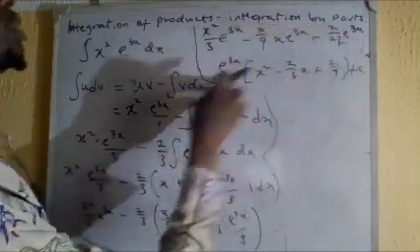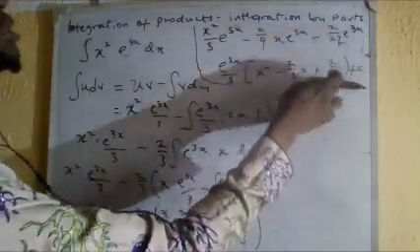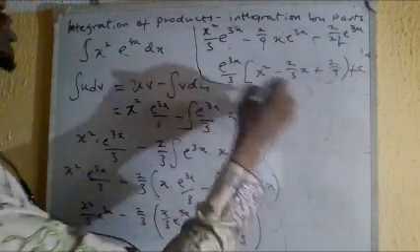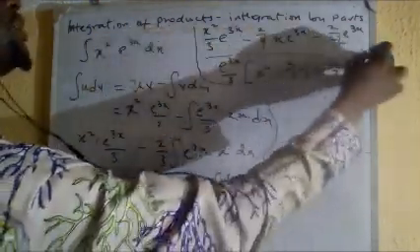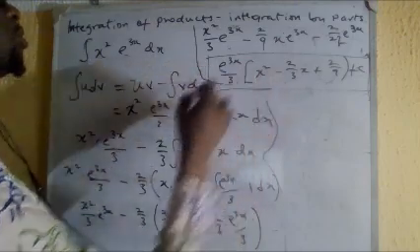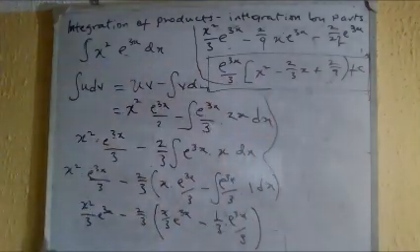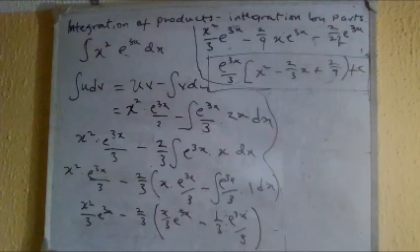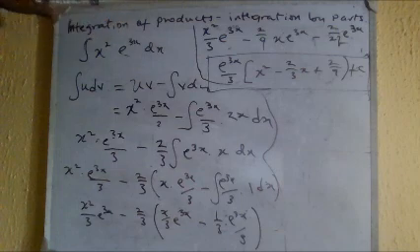So this kind of problem takes step by step. The basic concept here is to ensure that you know how to get your V and get your U, get your V and get your DU, and use integration by parts.